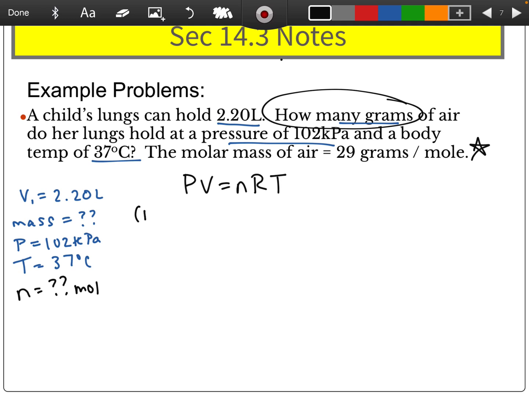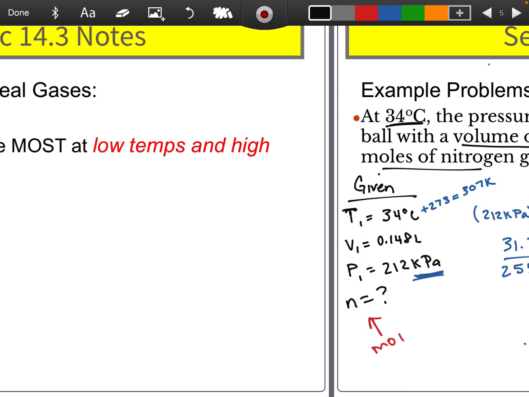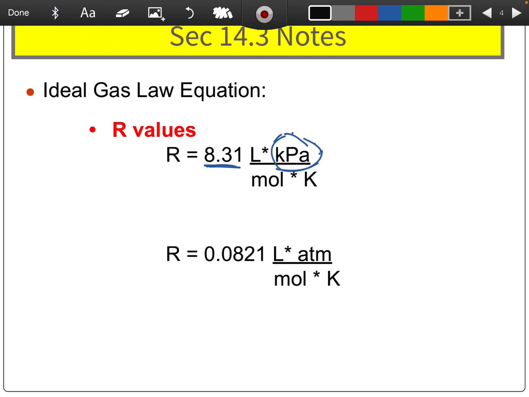All right, so let's plug in our numbers. So pressure is 102 kPa. Times volume, which is 2.20 liters, equals N, which we don't know. The R value, remember we have to go back and look to see which value we're going to use. The pressure in this problem is in kPa. So if we go back, here's our kPa value.